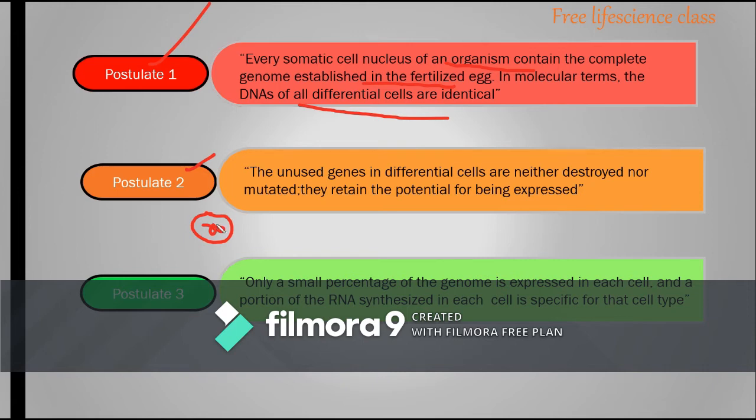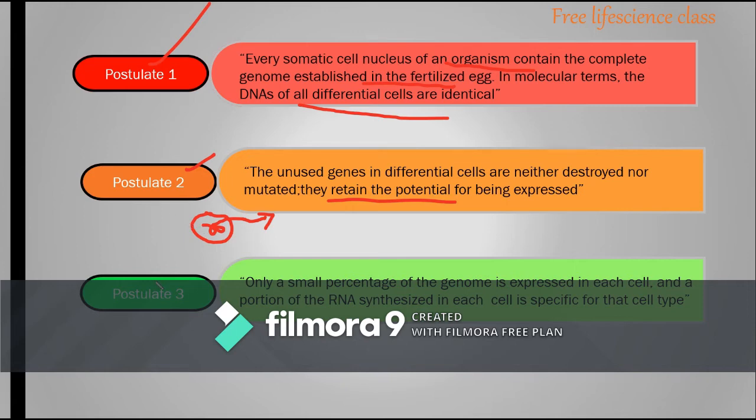And this postulate says that the other portion which is not expressing is not destroyed. It is not mutated. It is present there but not expressed. If you need their action, they can retain their potential and they can express. So postulate number 2 says that the unused genes retain their potential for being expressed.